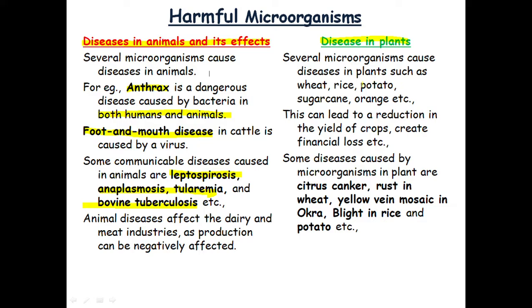So what happens basically here is that once several microorganisms infect the plant, either wheat, rice, potato, sugarcane, orange, fruits, etc., they also lead to a reduction in the yield of crops and create financial loss. There are many diseases caused by microorganisms such as citrus canker, rust in wheat, yellow vein mosaic in okra. Okra means lady's finger. And next is the blight in rice, potato, etc.